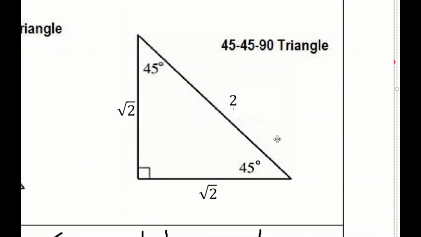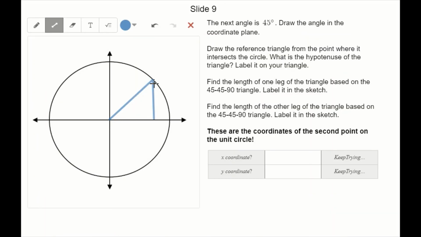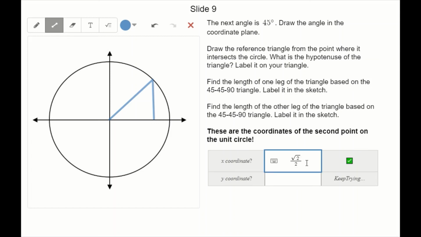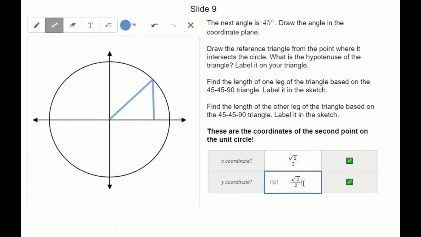So the sine of either side is going to be equal to the cosine of either side. The sine of 45 is root 2 over 2. The cosine of 45 is root 2 over 2. So that means the sine of this angle is going to be equal to the cosine, and they're both root 2 over 2. That'll be a nice thing, one less thing to remember when we're doing this later.